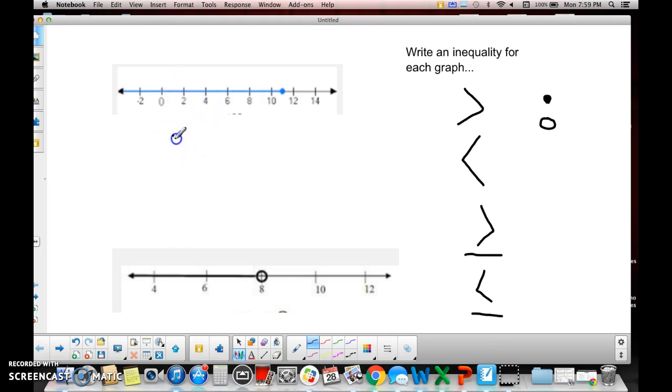So we are going to start with our variable, x, and we're going to say x, any number, is going to be less than or equal to the number 11, because again, we have a closed circle on the number 11. Closed circle means it includes the number 11, and then it includes all numbers less than 11. Okay, so hopefully that helps you a tad bit.